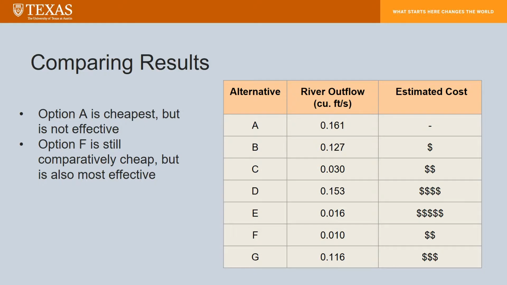And as we can see from the table, option A is the cheapest because we're not doing anything. But it's also not very effective because we have a lot of contamination going towards the river. Option F is comparatively cheap to the other options, but it's also really effective when looking at the river outflows.